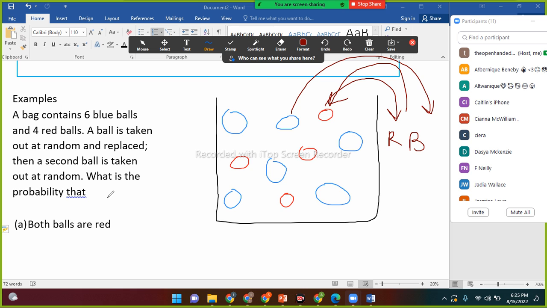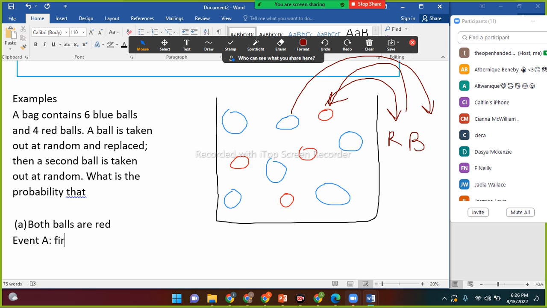So what we want is the probability that both balls are red. Okay, that's what we want. So let's do this the right way. So the event A is going to be what?